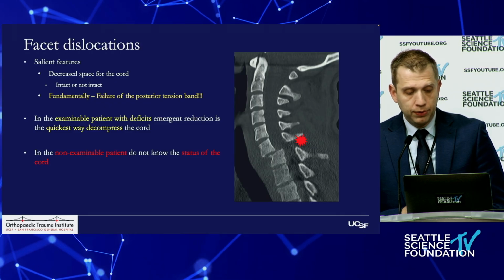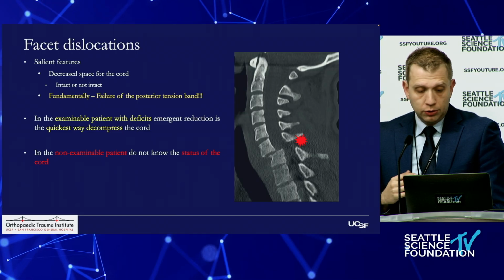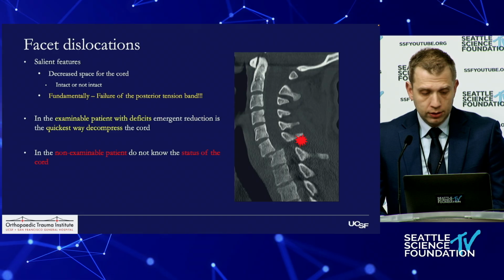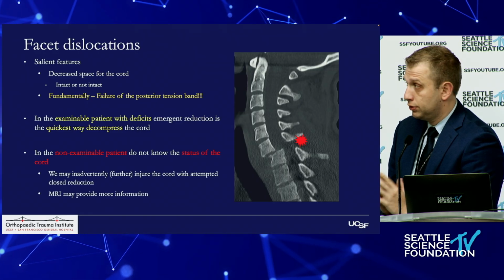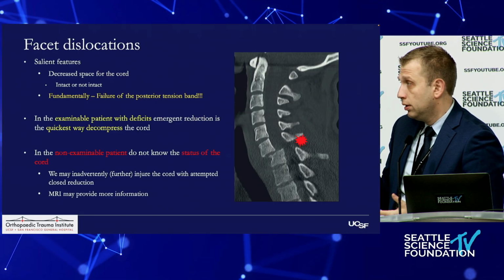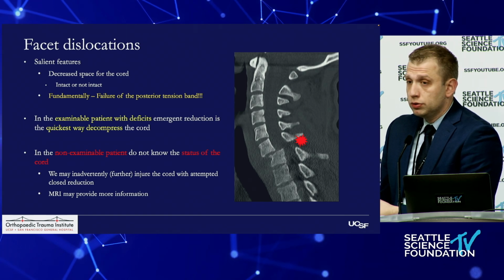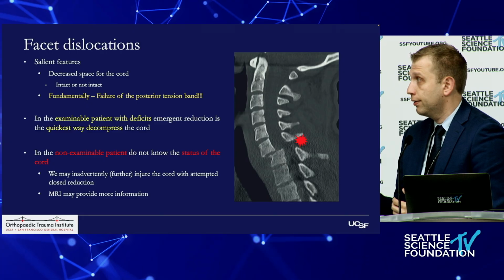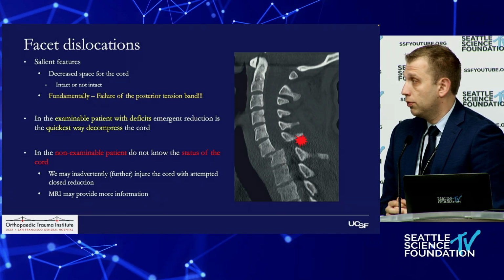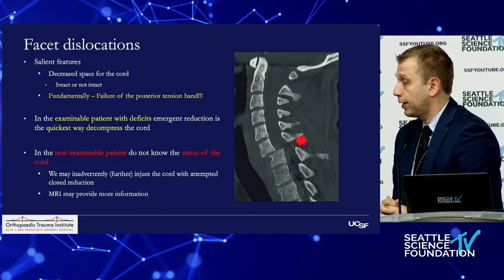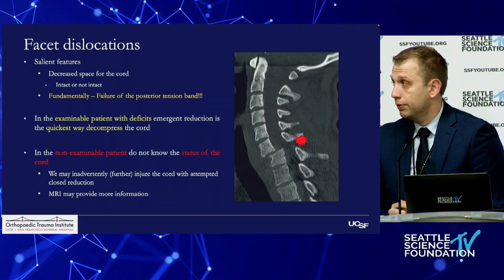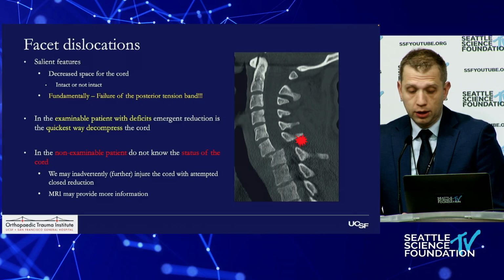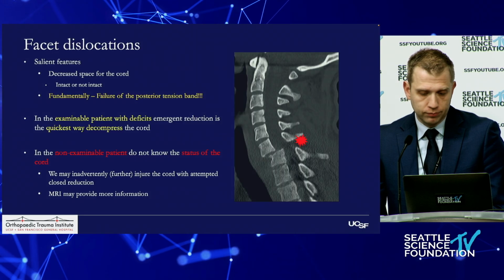However, in the non-examinable patient, where we do not know the status of the cord and we can't examine the patient, we would have to do an open reduction. And so the fear is that when we reduce the facets, there will be a herniated disc, and the patient will then have a further injury that we wouldn't be able to detect without an examinable patient. And so in those cases, I go straight to MRI to get more information.